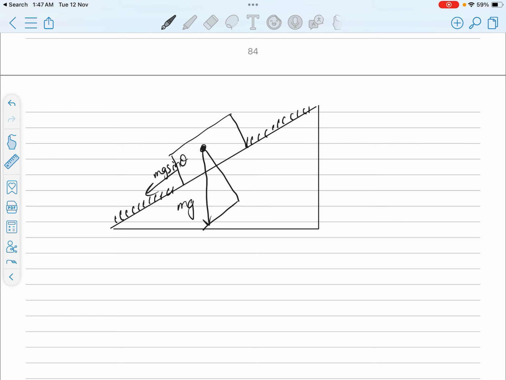This is the forward force, the tension T, this is friction, and this is the normal reaction force. Now let's imagine that while applying tension to move this block up, the block is not moving, it is static.